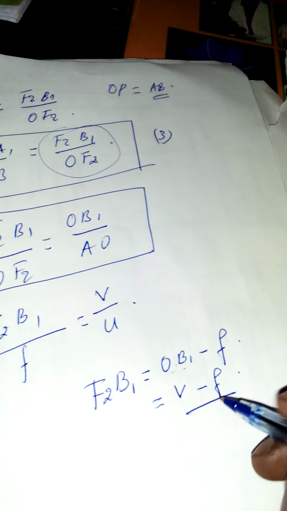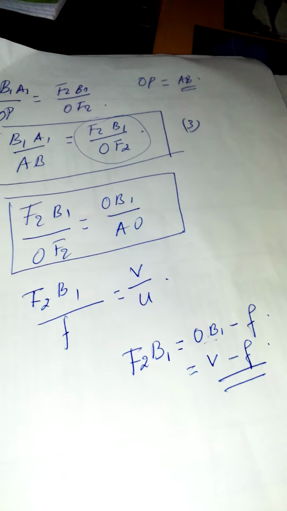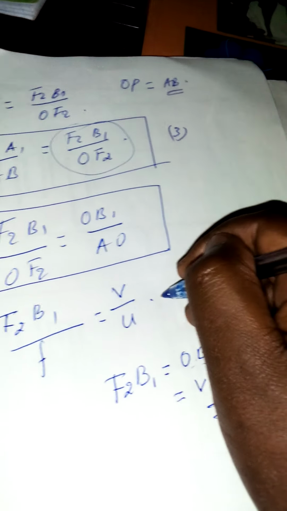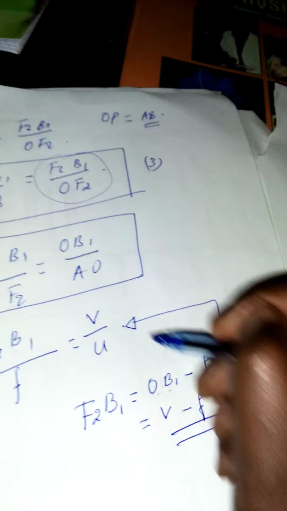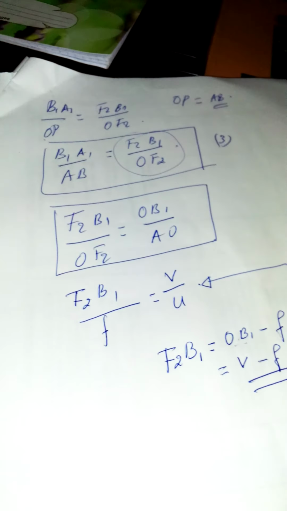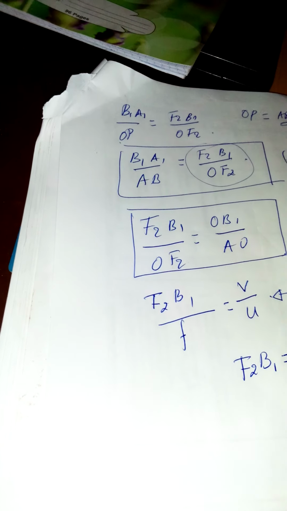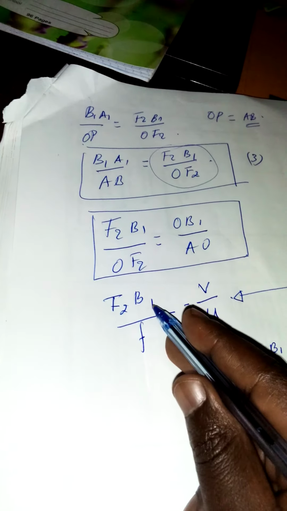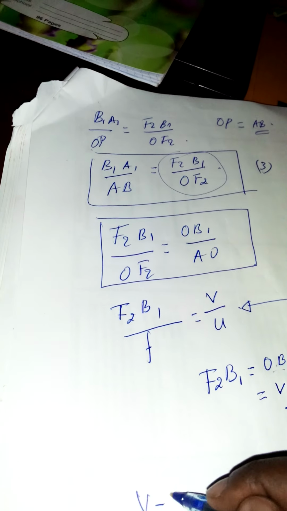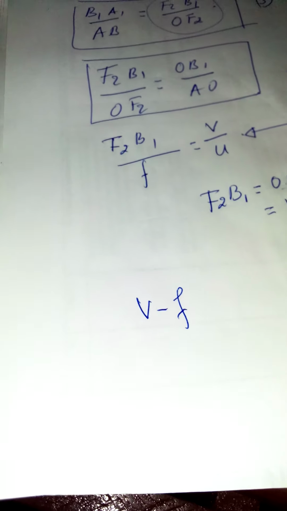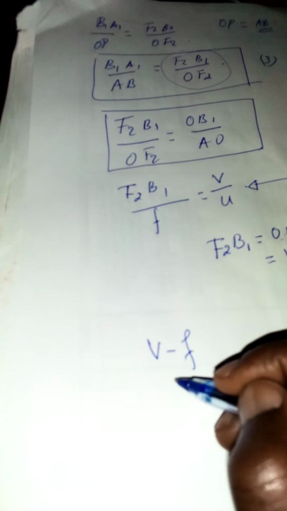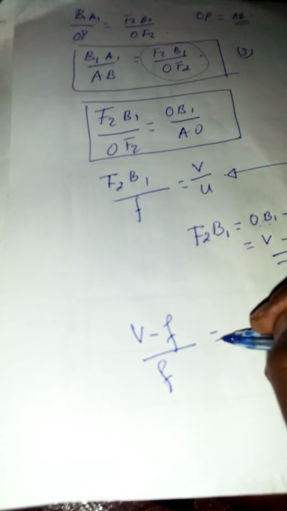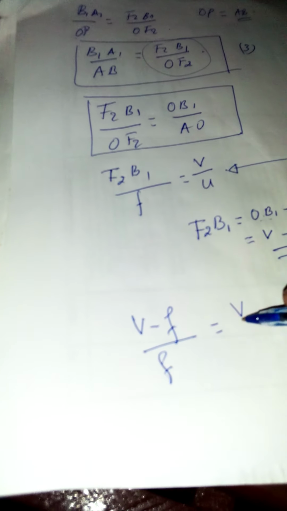This is another great important point that we are going to substitute in our equation. So this equation becomes F2B1 will be V minus F, over the focal length F, is equal to V over U.